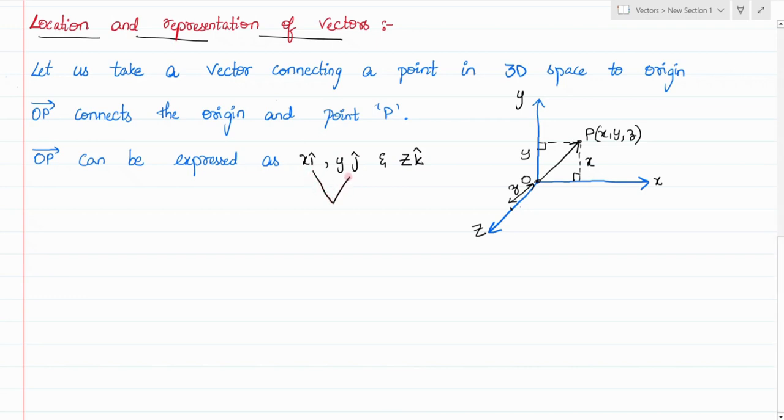Here i, j, and k cap denote the directions of these vectors. These are called unit vectors, which we are going to discuss in the upcoming videos. i tells about the x direction, j tells about the y direction, and k tells about the z direction. This is how we express the vector in terms of direction.